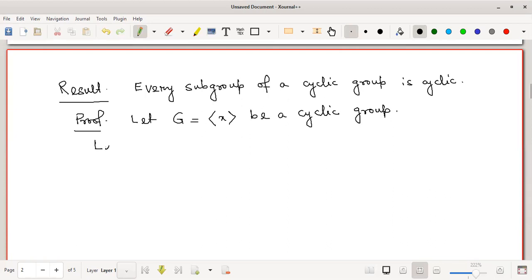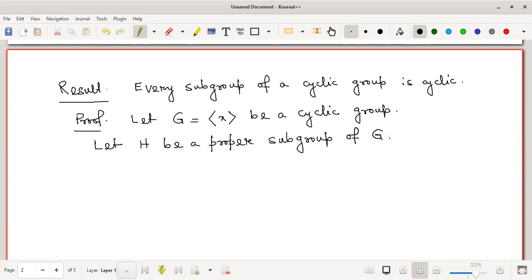Let H be a proper subgroup of G. Why proper?